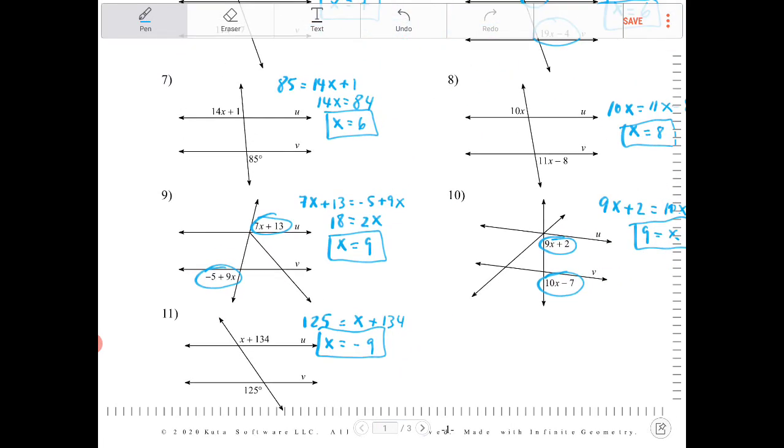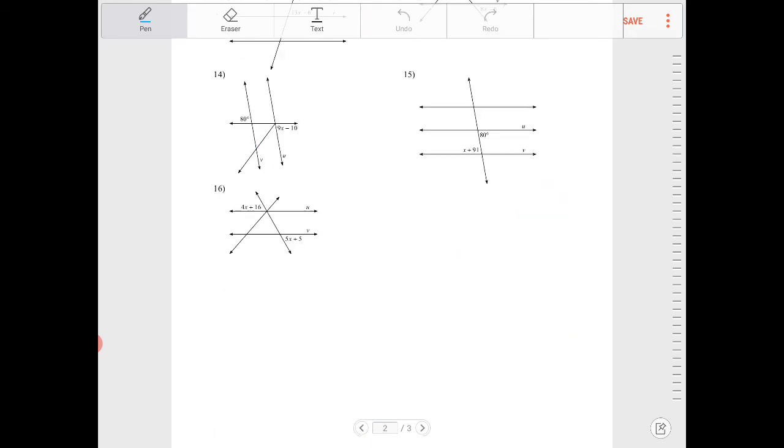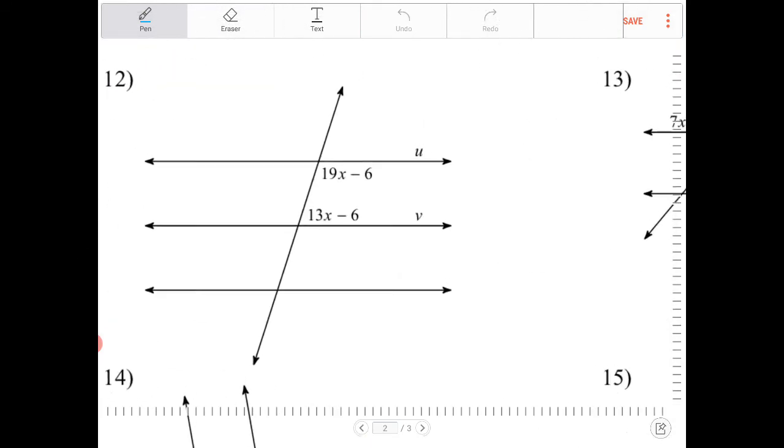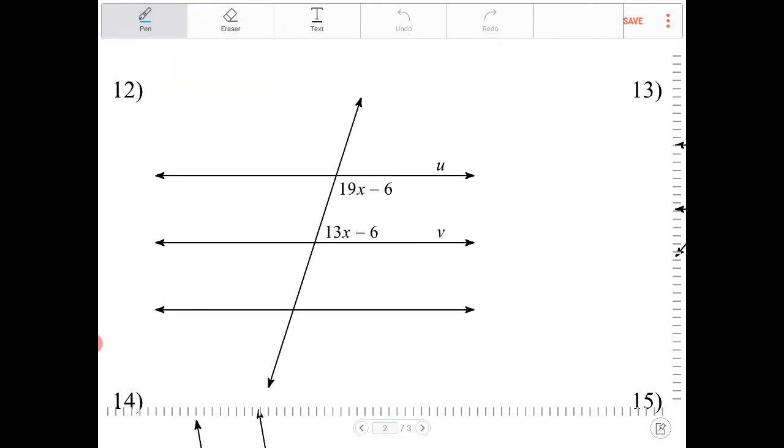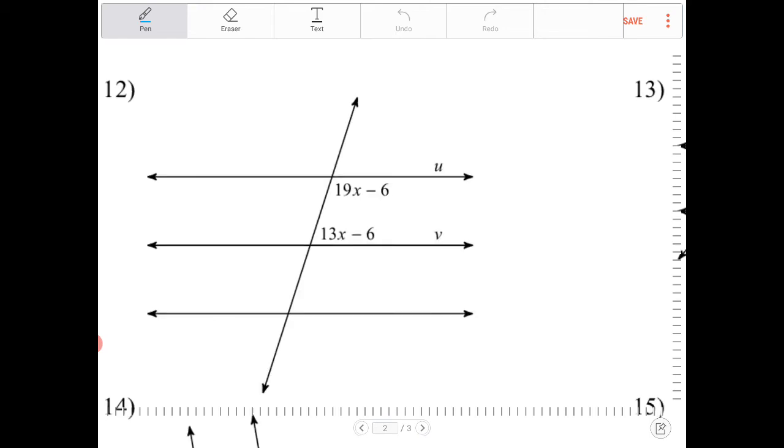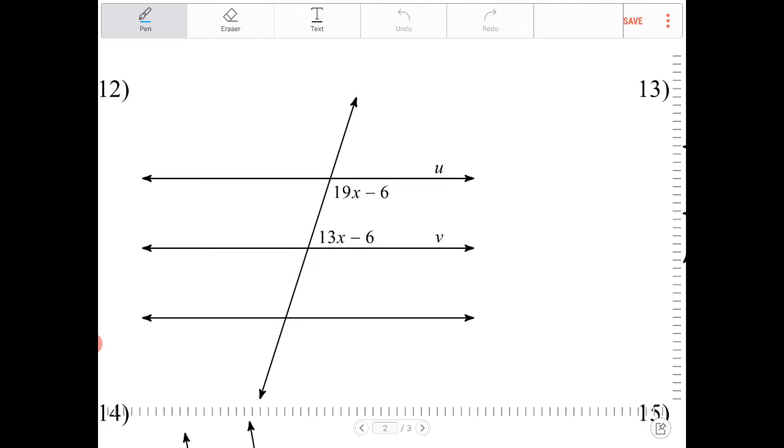Moving on. Again, that extra pair of lines there is meant to confuse you, but don't be fooled by that. These are consecutive interior angles. Consecutive interior angles are supplementary. So I know that 19x minus 6 plus 13x minus 6 will equal 180.